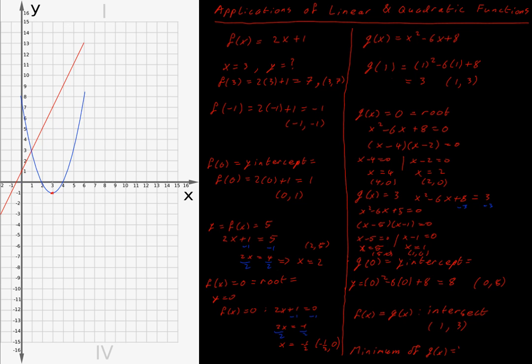So we go in the door 3, down the stairs minus 1. So our minimum, our lowest point would be at (3, -1). That's the minimum point on our smiley face, on our positive quadratic. And those are all of the different things that we need for being able to read quadratic and linear functions.